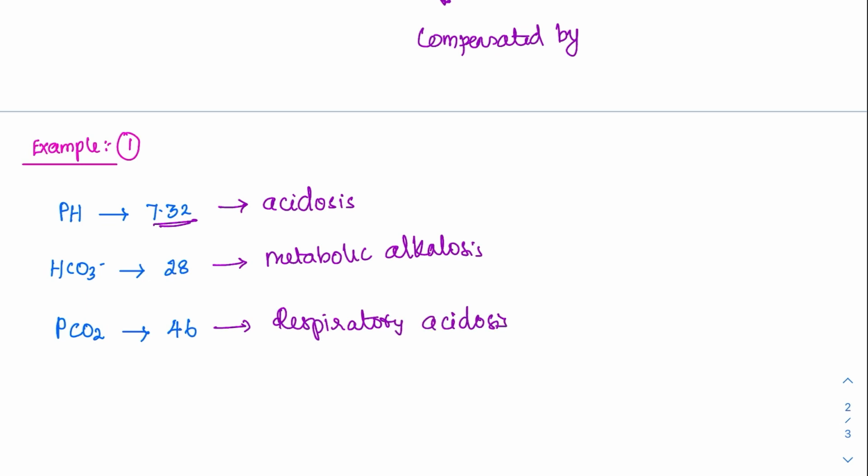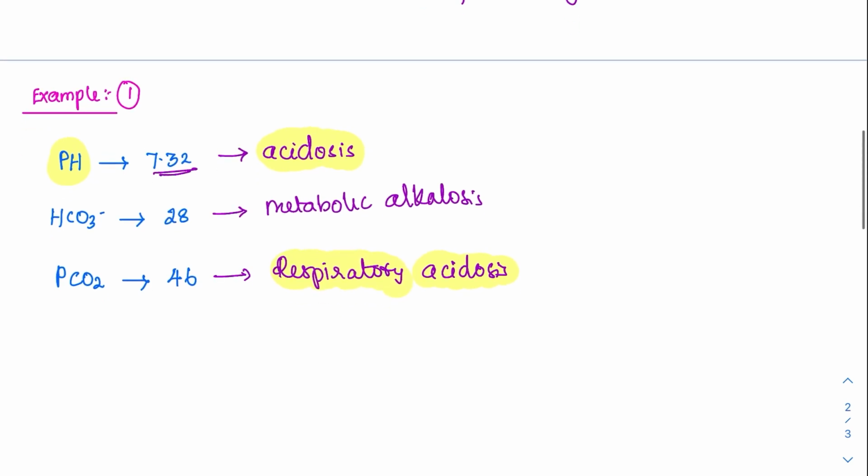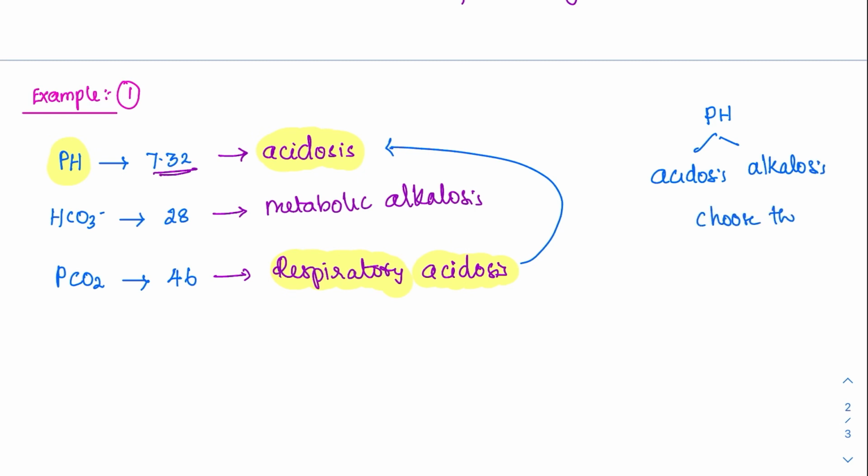Now, which is the primary disorder, and which is compensated by what? I told you the king of the game is the pH. Whoever follows the king, that is the primary disorder. Here there is one acidosis, you just have to pick it up. So the respiratory acidosis is the primary disorder. Just find the pH first, decide whether it is acidosis or alkalosis, then choose the follower.